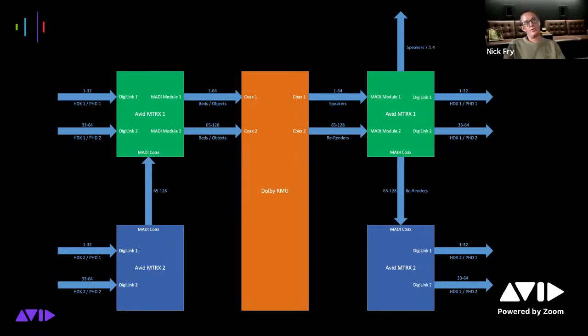Because say your program is 2 dBs too loud, you need to group all your bed buses together, and then group all your objects together, create a VCA, and pull everything down by 2 dBs to make it the right loudness. If you've got tracks that are going between object and the bed, when they jump to an object, they're not going to get pulled down, because they jump out of the bed into an object, and the VCA won't catch them.